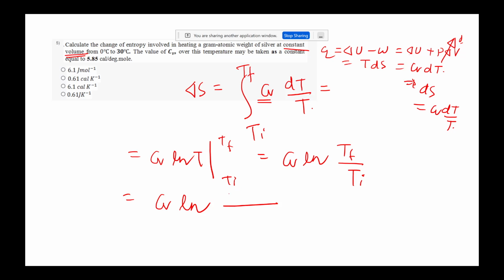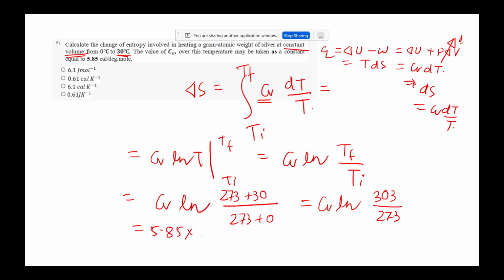So this is 30 degree centigrade, but this is in centigrade scale. We have to get it in the absolute scale. So this is 273 plus 30 and 273 plus 0. Then Cv ln 303 by 273, and it is given as 5.85 times ln of 303 by 273. I'm not able to hear you.